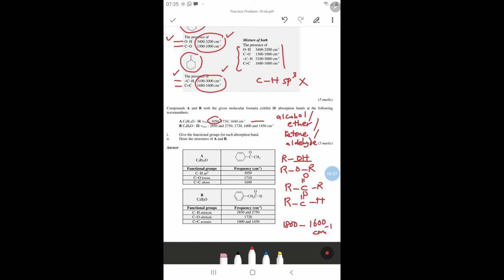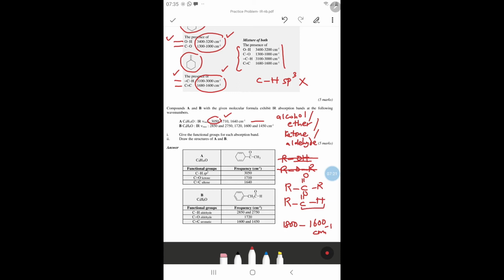So you can see here you have 1710. So automatically, you know this is a carbonyl. So your compound might not be an alcohol, and might not be an ether. So you only have these two choices, whether it's a ketone or an aldehyde. Remember, if you have an aldehyde, you have the CH aldehyde.